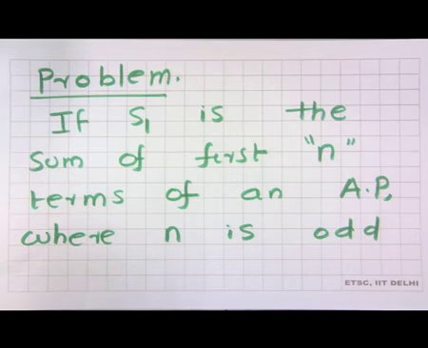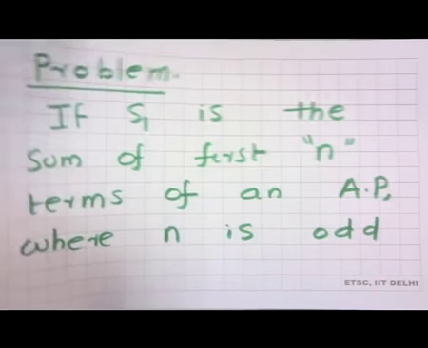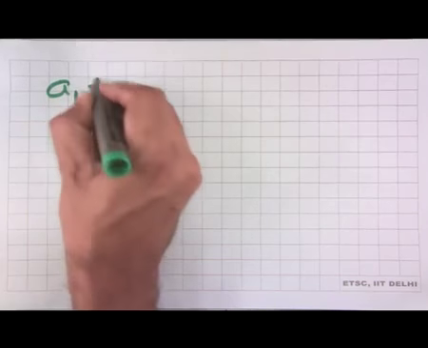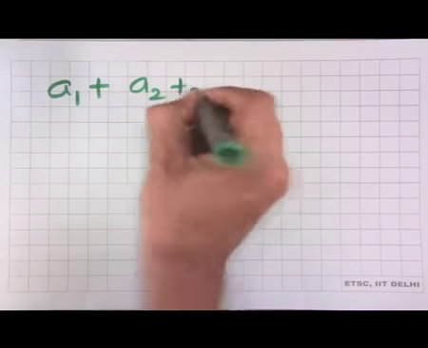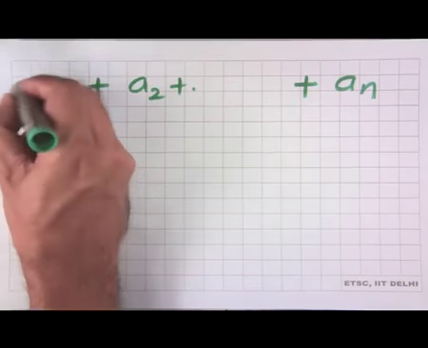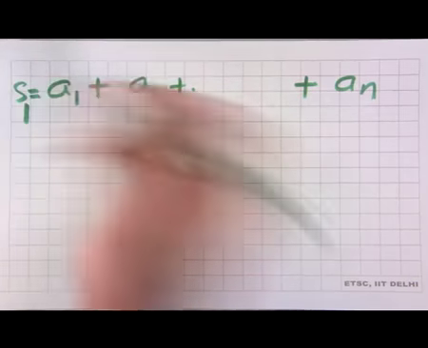What is given to you is the sum of first n terms of this AP. Further, it is given that n is odd. Thus, A1 plus A2 plus etc. plus An is given to be S1.